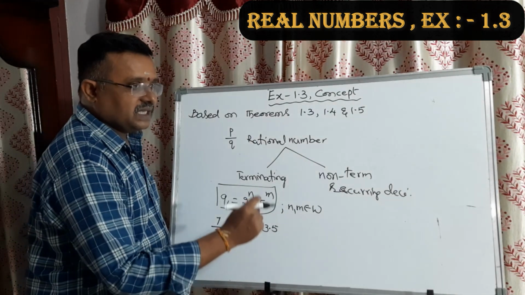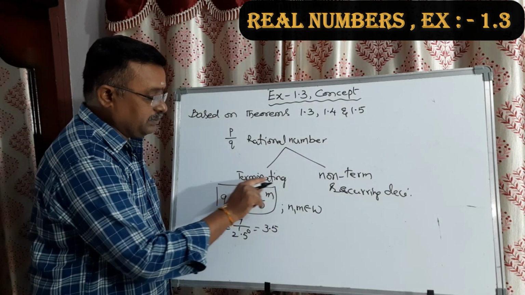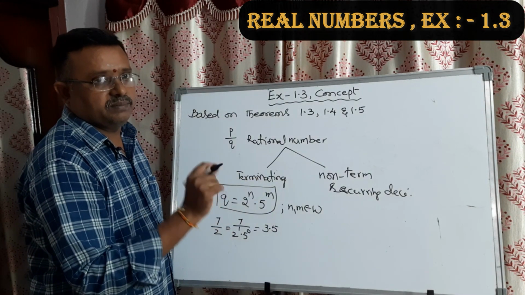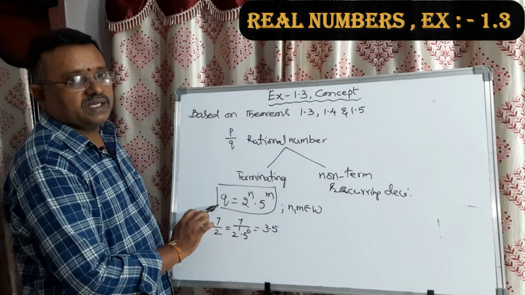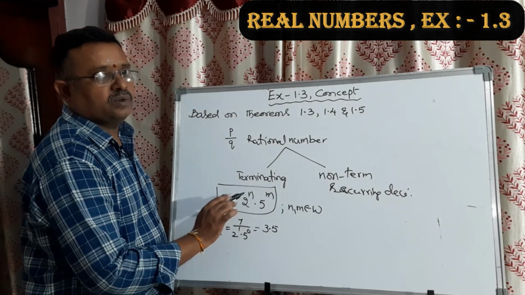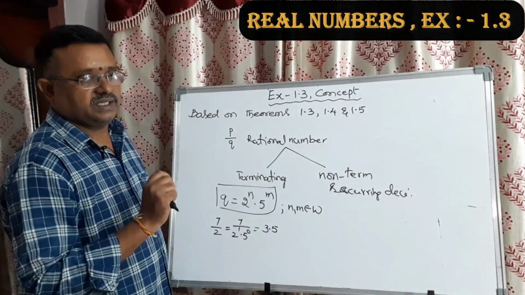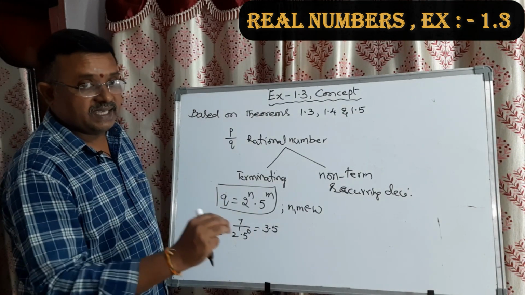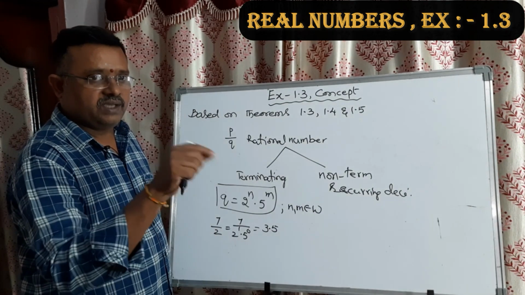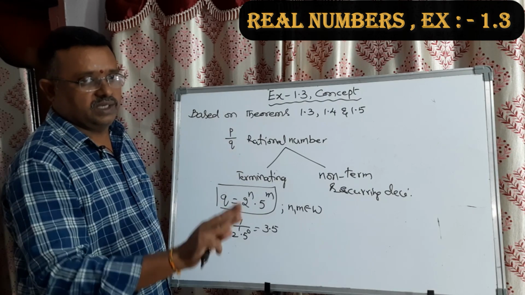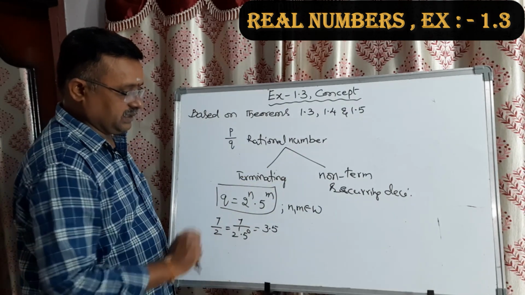Clear? If the decimal ends with a digit, then that is called a terminating decimal. Terminating means ending. A terminating decimal can be identified when its denominator q is in the form of 2 power n into 5 power m. Please observe that logic. If the denominator is in powers of 2 or 5 or 2 and 5 only, then that is a terminating decimal. This is the simple example.